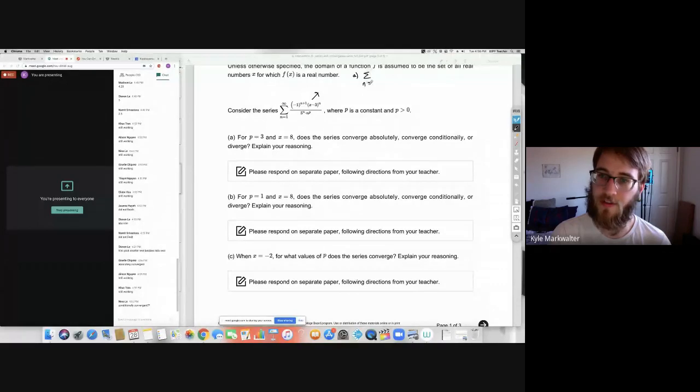If P is 3 and X is 8, we end up with a series that looks like this, right? -1 to the n plus 1, X is 8, so that gives me 5 to the n over 5 to the n to the 3. Now notice, 5 to the n, 5 to the n, we can get rid of that.